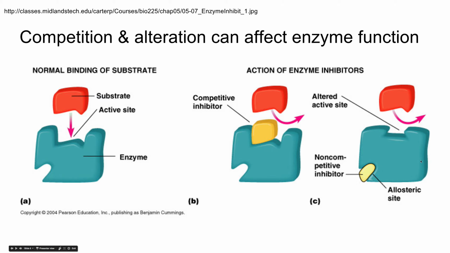I manipulate all the bonds, so the covalent bonds, the hydrogen bonds, the ionic bonds, the nonpolar interactions, and that will warp the shape of the active site. And it can warp it enough that the substrate doesn't bind. And the result is two ways. I can sabotage by blocking the substrate, or I could sabotage by altering where the substrate is supposed to go. So it's like behind the scenes manipulation.